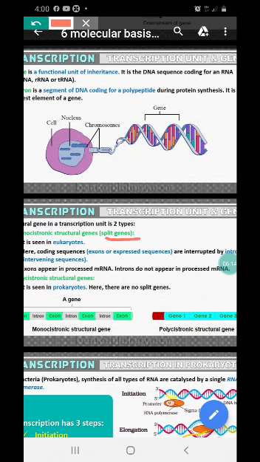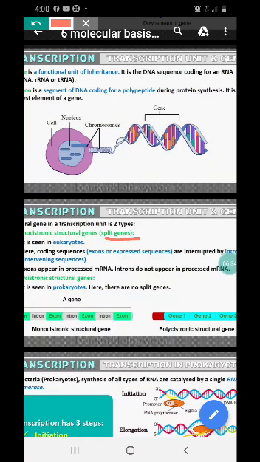Exons are the coding sequence which will appear in the mRNA which is transcribed, right? And introns are the non-coding sequence.